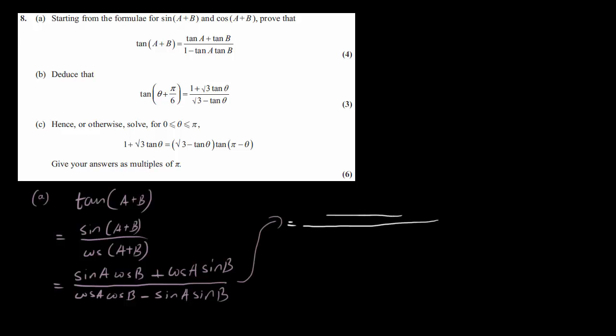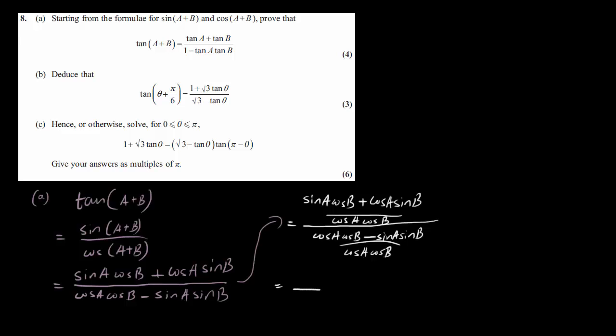So let me do that here. Upstairs is going to be divided by cos a cos b, so it is going to be sin a cos b plus cos a sin b, and downstairs this is going to be cos a cos b minus sin a sin b, divided by cos a cos b. So I'm dividing both upstairs and downstairs by cos a cos b.